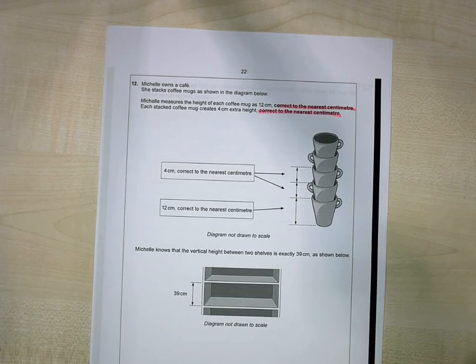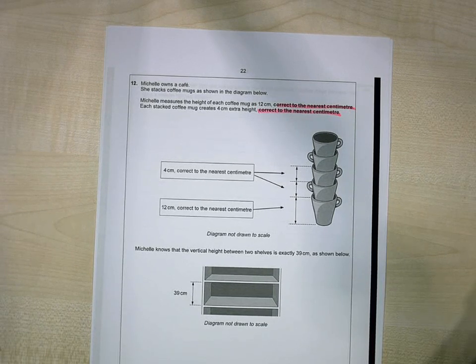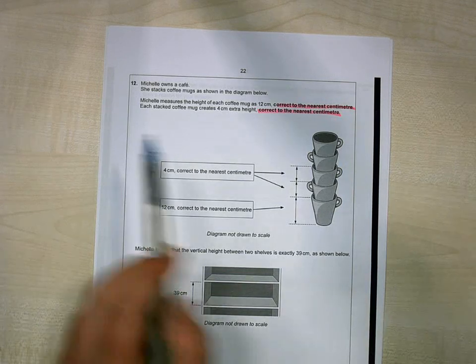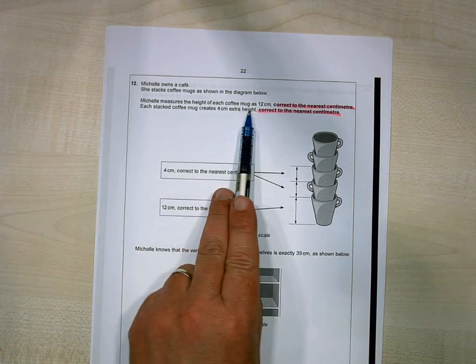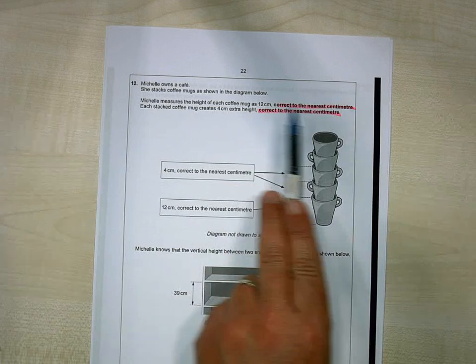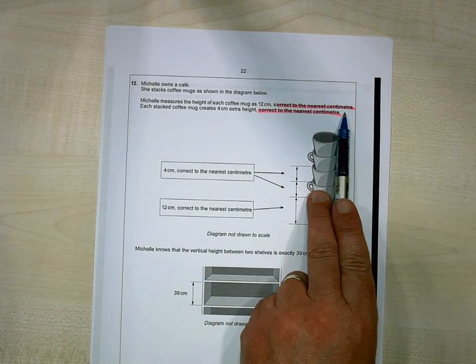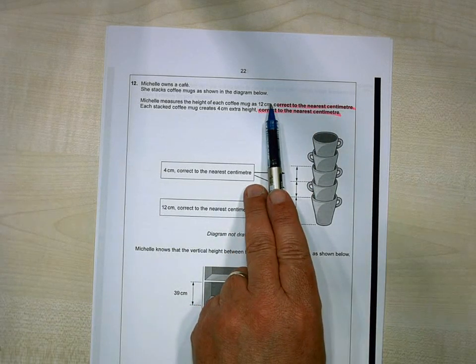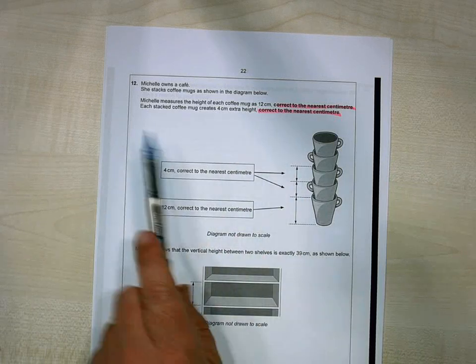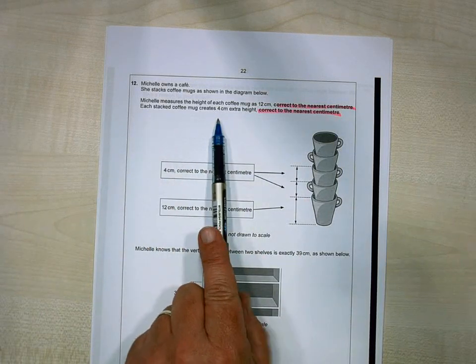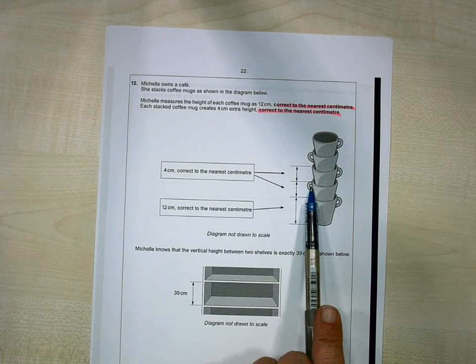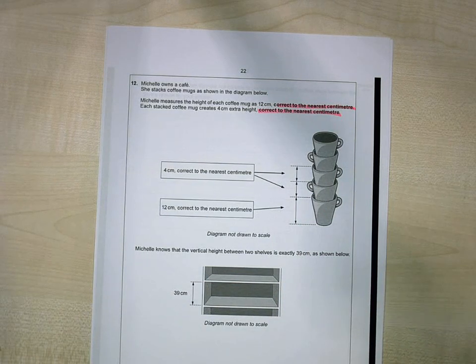She stacks coffee mugs as shown in the diagram below. She measures the height of each coffee mug as 12 centimetres, correct to the nearest centimetre. So it could measure more than that, it could measure less than that. Each stacked coffee mug creates 4 centimetres extra height, correct to the nearest centimetre.